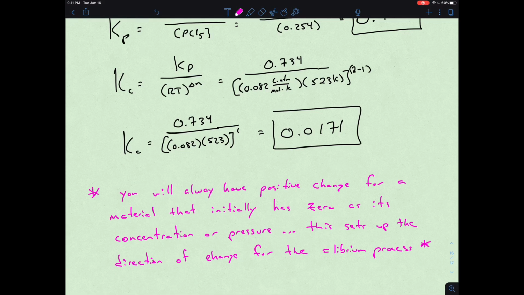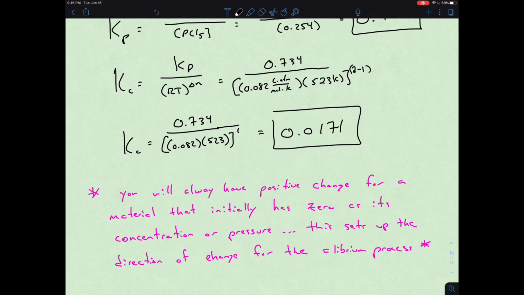So if you start with 0, that means that you always are going to be undergoing positive change. And if that's the product side, then the starting material side must be negative change, right? It sets up the change for the whole equilibrium process. So that's the big take-home message with this example.